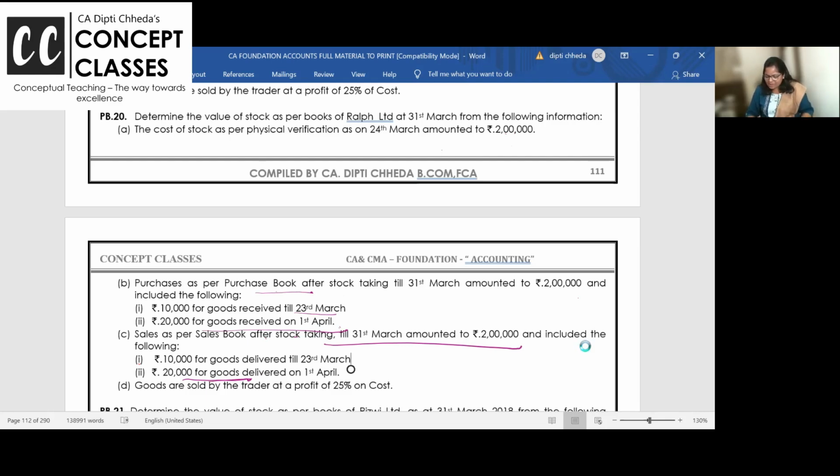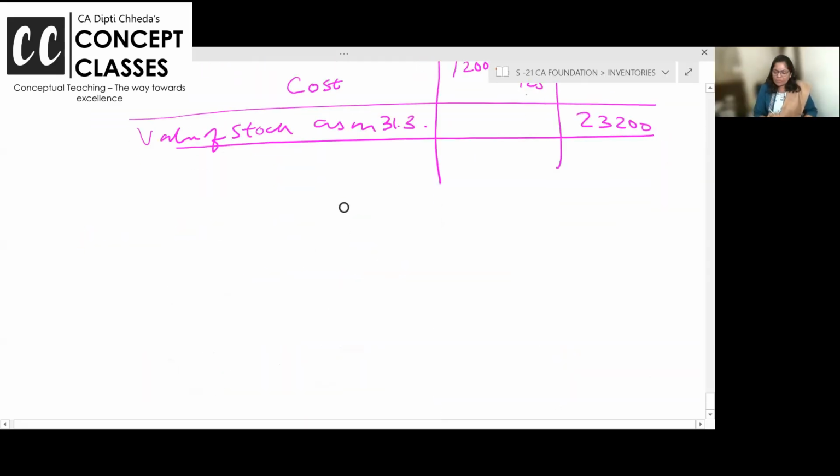So let us take this 20th problem now in class. I'll do it in both the ways, physical stock also and in our book stock also. Chalo.